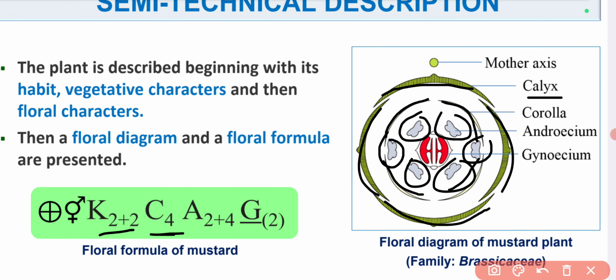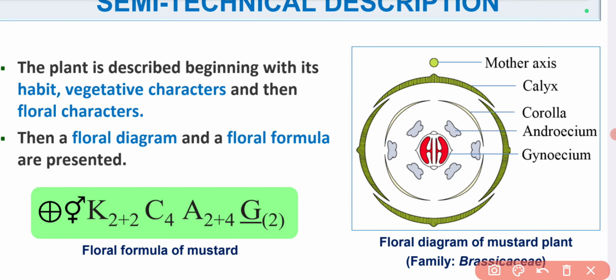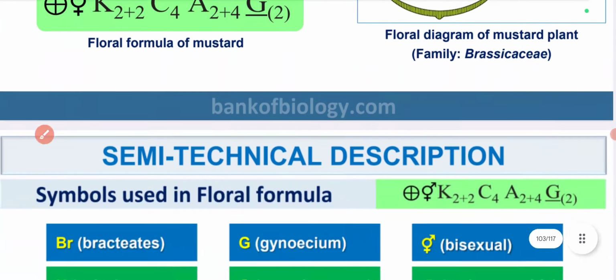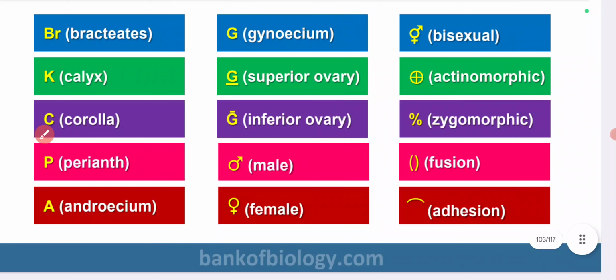That's why 2 plus 4 is used. And G with underline below it, G for gynoecium, and 2 represents that 2 are there, and the bracket means it is fusion. Okay.